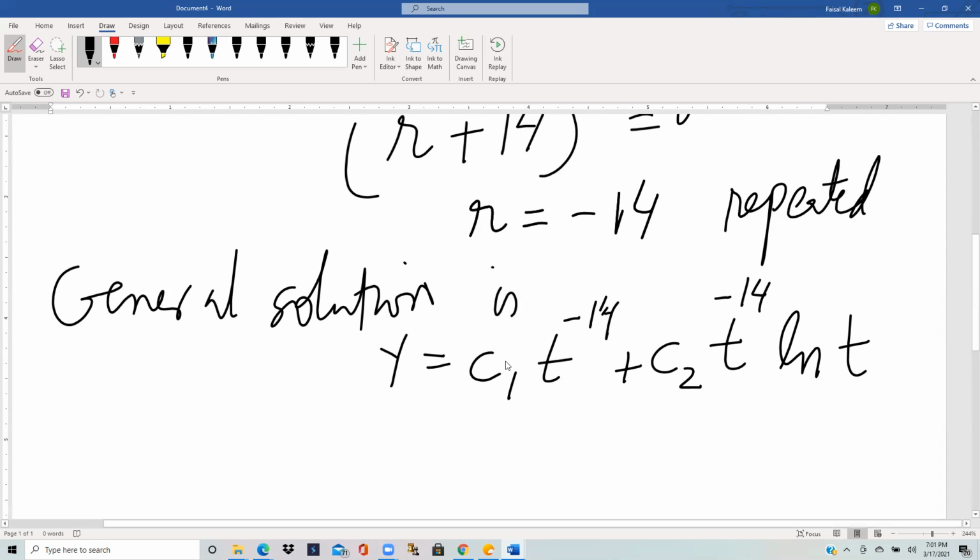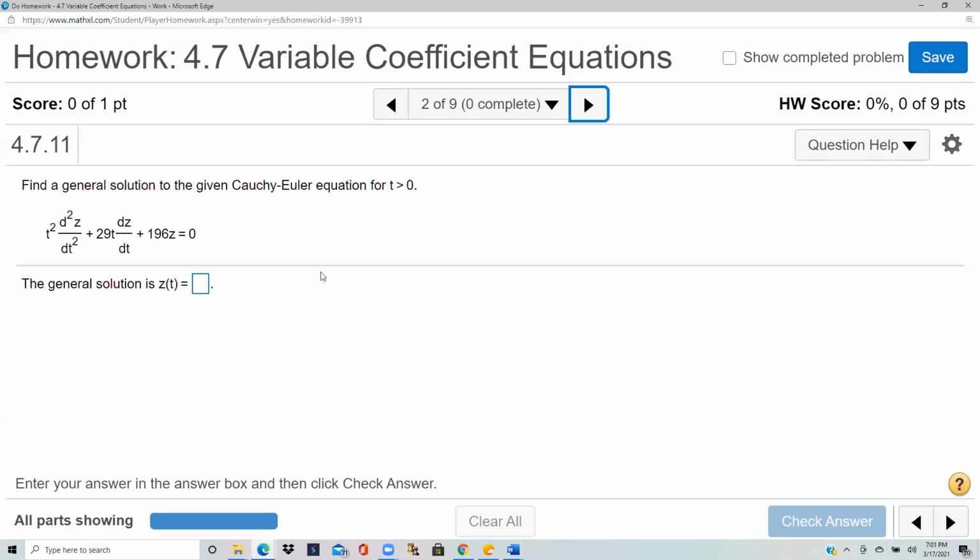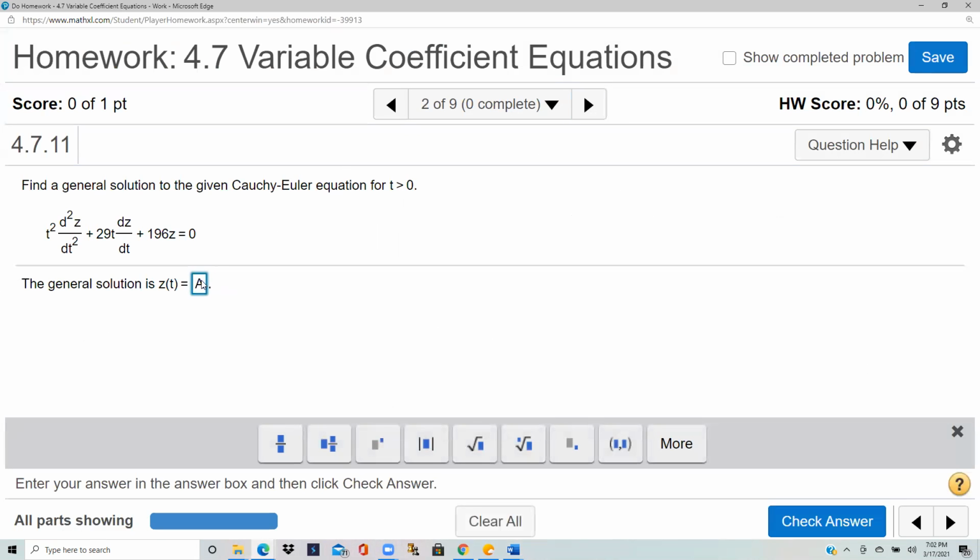So we can write it as a t^(−14) plus b t^(−14) ln t.